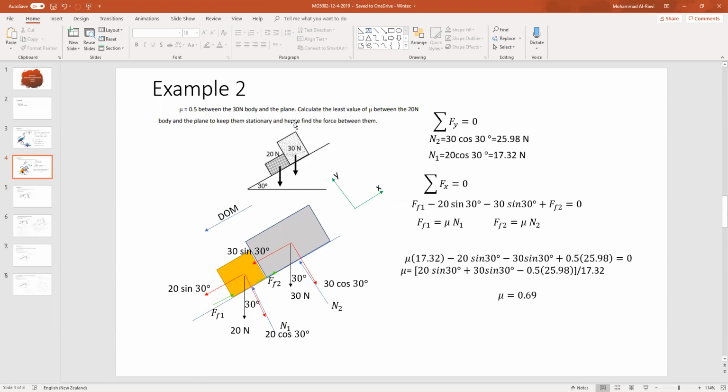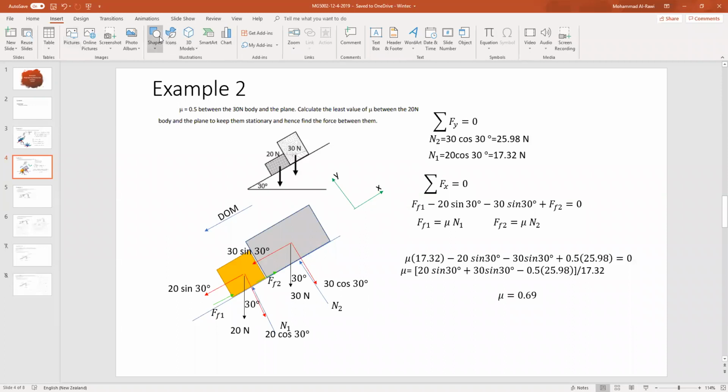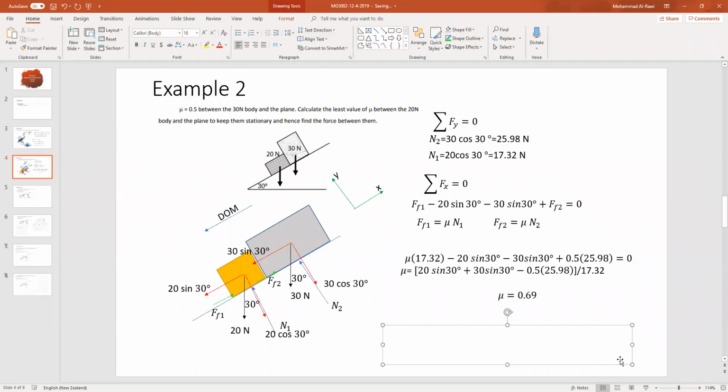Now, the second part of this question wants you to determine the force between them. So keep them stationary and hence find the force between the two bodies. So we'll write this statement here: force between blocks equals what?